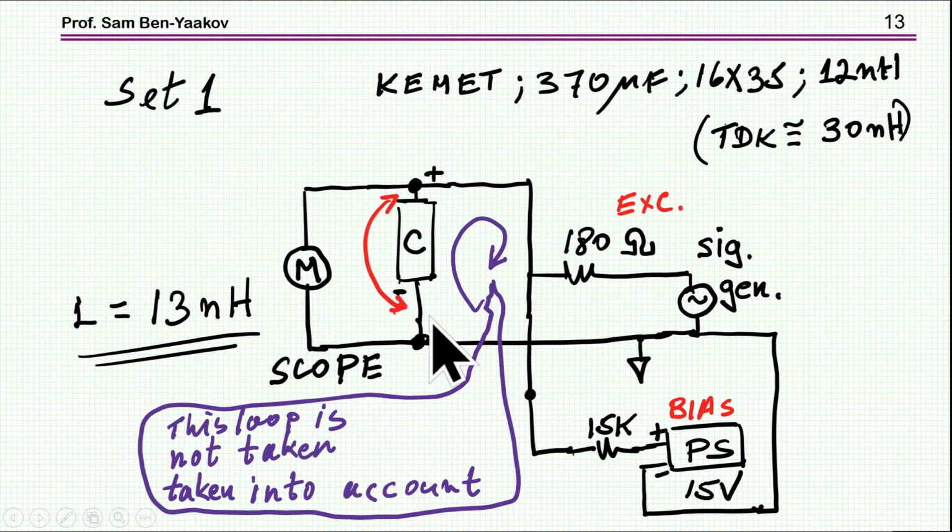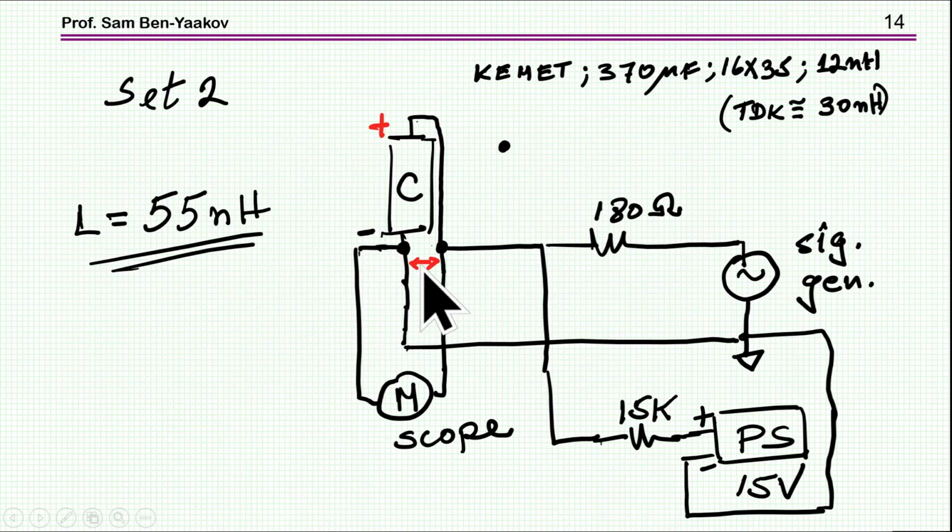So when you measure the ESL by looking at the voltage across the capacitor itself without taking into account any of the connection to it, you'll get the ESL of the capacitor, but this is not the value that you have to take into account when trying to see the impact of the ESL on the circuit. So in order to take this into account, we have changed the setup a little bit, and now it looks like that.